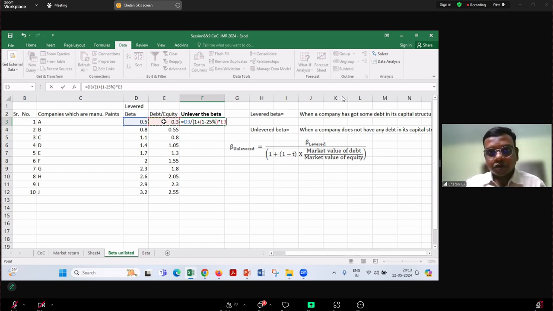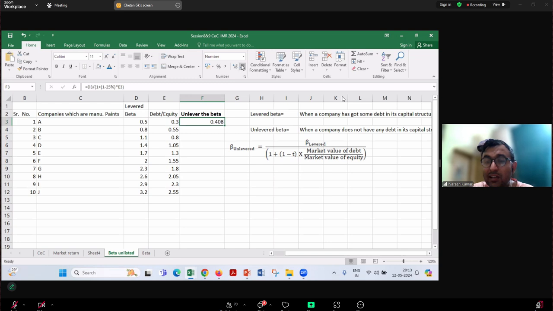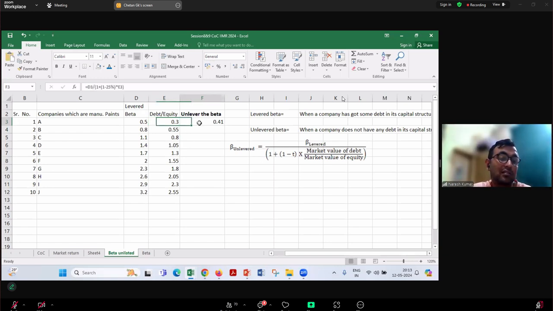No? So I am just doing that. I got this unlevered beta. Is it clear, everybody, what I did? In place of market value of debt, what have you taken? No, market value of debt by equity is given directly here. Okay. I just multiplied that, that's it.